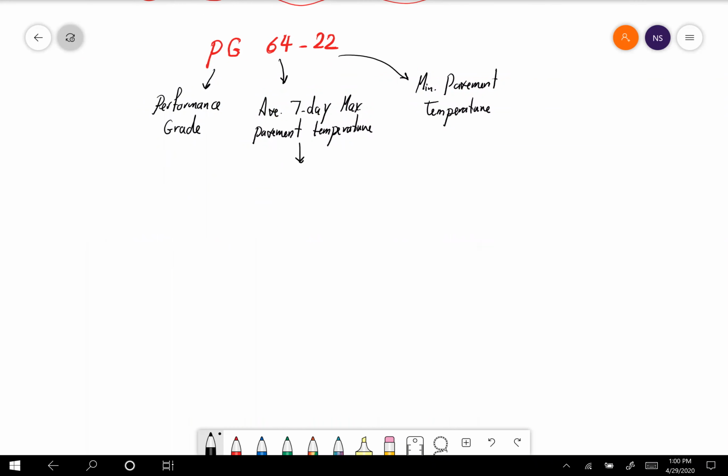And then the low temperature is actually measured at the surface.